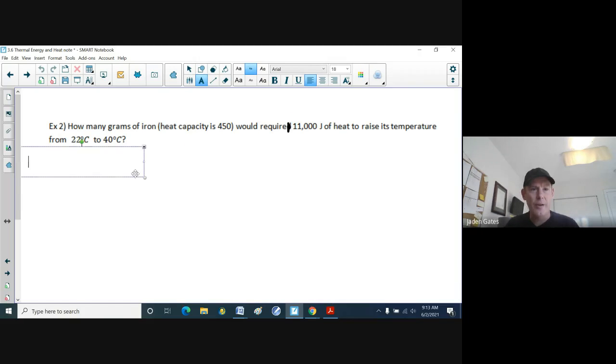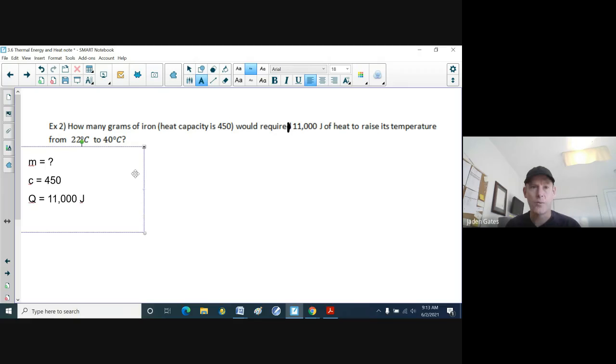We're again looking for mass. Heat capacity is our C value, which is 450. We know how much heat is going to be raising the temperature, and that is just 11,000 joules of heat.